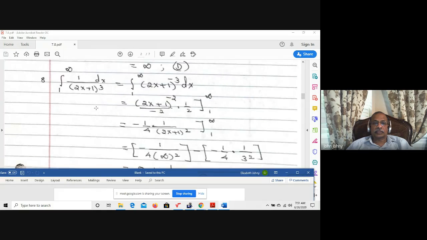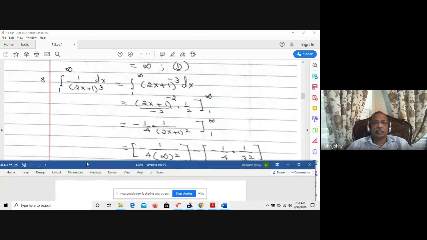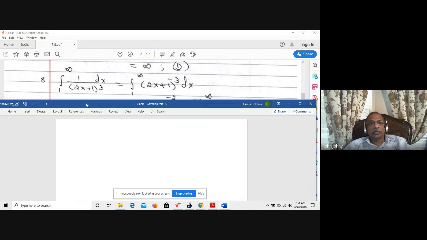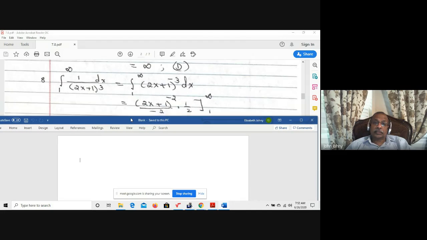Number 8 from the text. Integral 1 to infinity 1 over (2x plus 1) whole to the 3 dx. One over 2x plus 1 to the power of 3 is the same as 2x plus 1 to the power of negative 3. And apply the power rule and the extension of the chain rule.